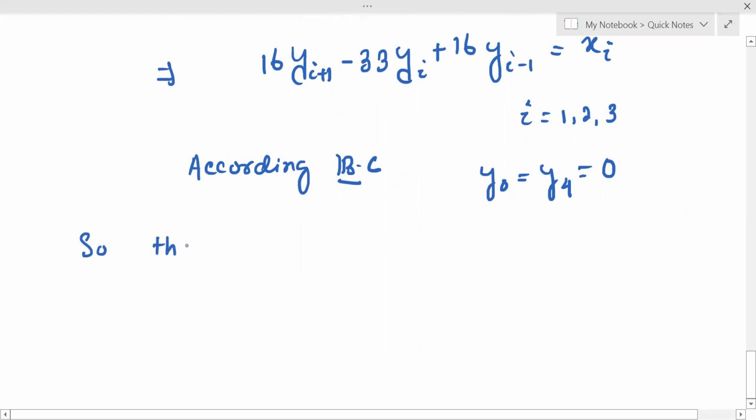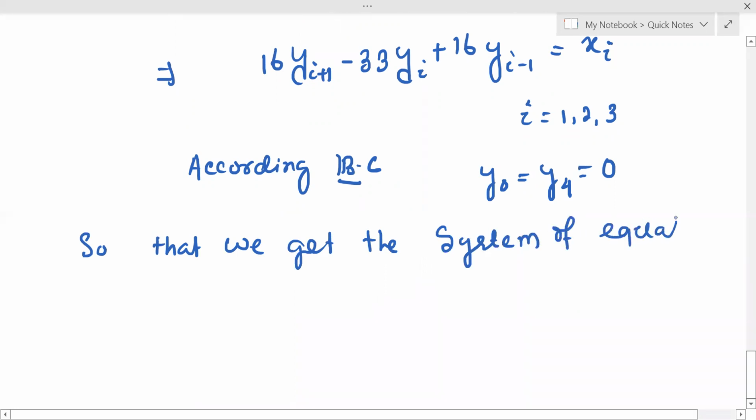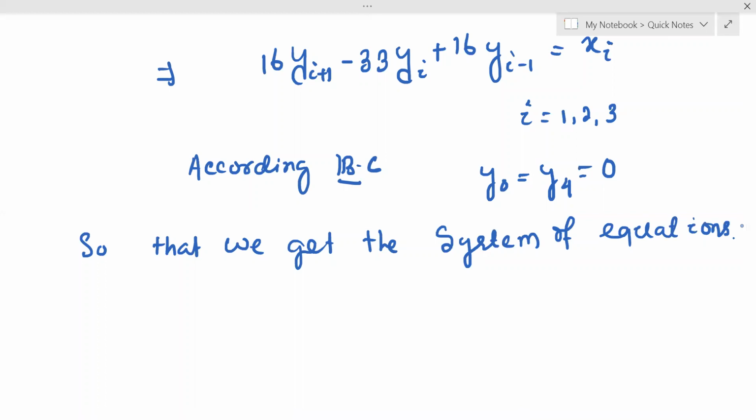So that we get the system of equations. What is the system of equations?